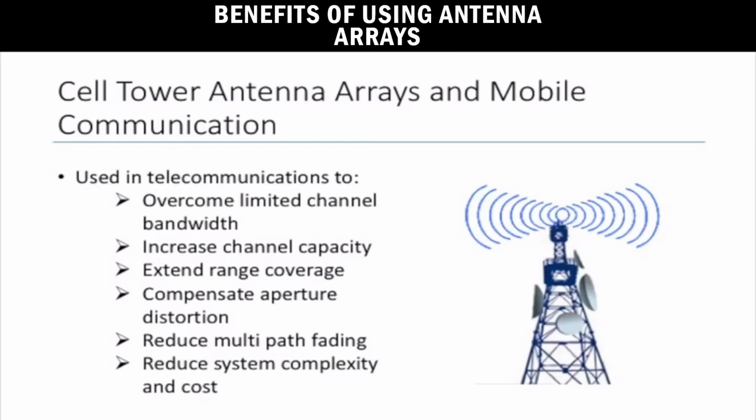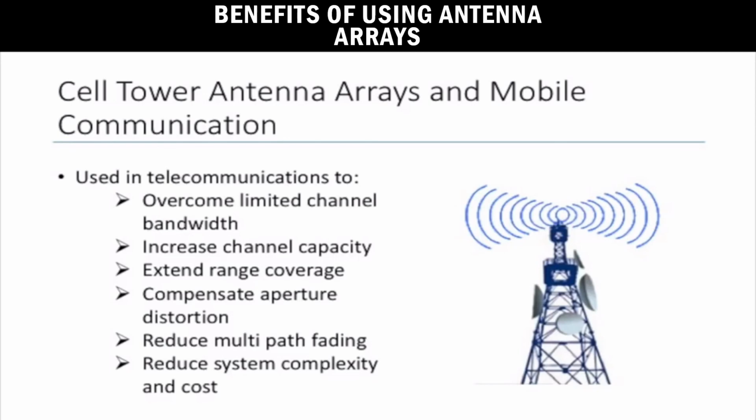That means that the number of users can be increased by employing these antenna arrays, then extending the range of coverage, because we can easily steer the beam, and the directivity can be higher, compensating the aperture distortion, then reducing the multipath fading.